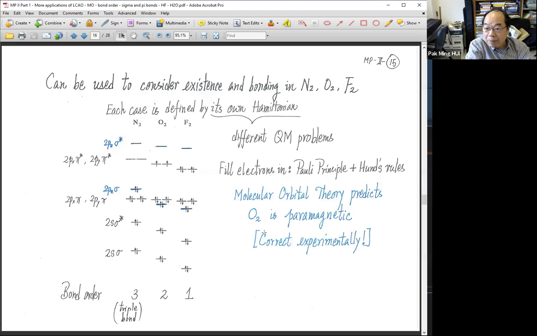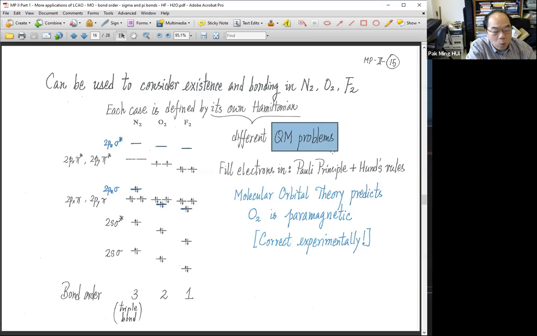And using this picture, we could discuss homonuclear molecules such as fluorine, F2, oxygen, and nitrogen. Each atom is a separate quantum mechanics problem by itself.